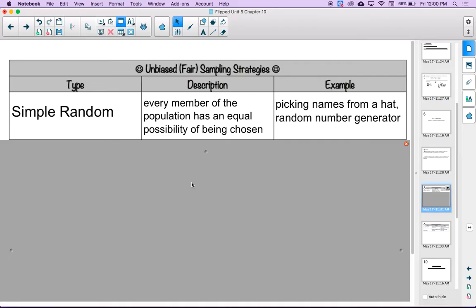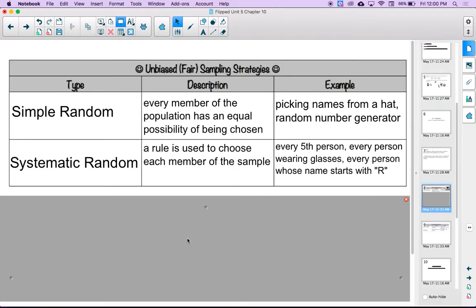Our other type of unbiased sample is called a systematic random sample. A systematic random sample uses a rule to choose members of your sample. So this rule is predetermined before you walk in to the place where you're going to conduct your survey. So some examples of rules are every 5th person that walks into the school.